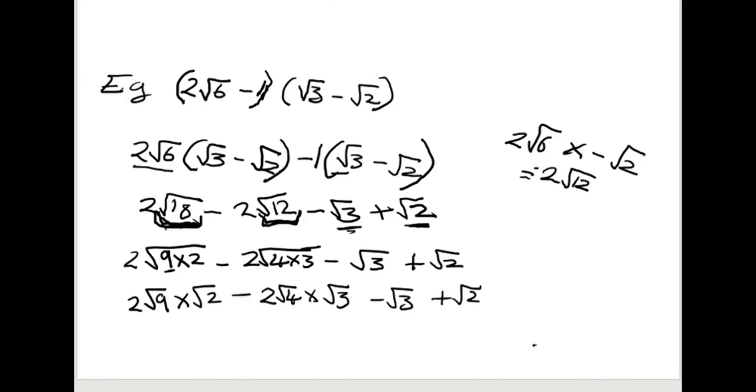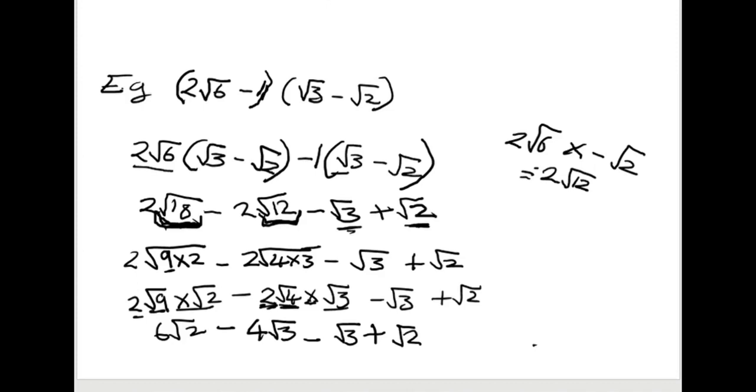The square root of 9 is 3. 3 times 2 is 6. 6 times root 2 is 6 root 2. Then the square root of 4 is 2. 2 times 2, I'll bring down this minus. So 2 times 2 is 4. 4 times root 3 is 4 root 3, minus root 3 plus root 2.